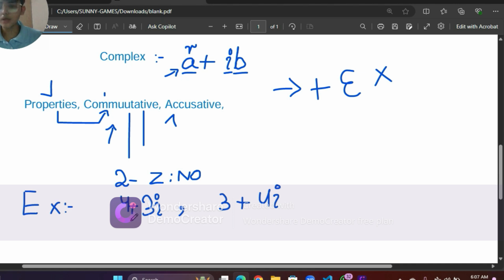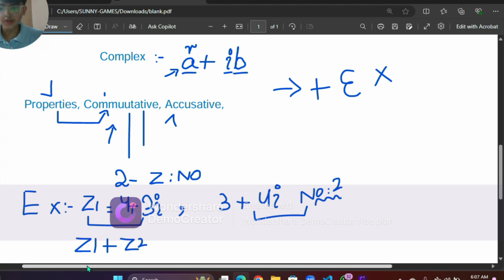Imagine this as my complex number 1, and this is my complex number 2. This is my first number, this is my second number, and if I do z1 plus z2, my first and second complex numbers, how will I do that?